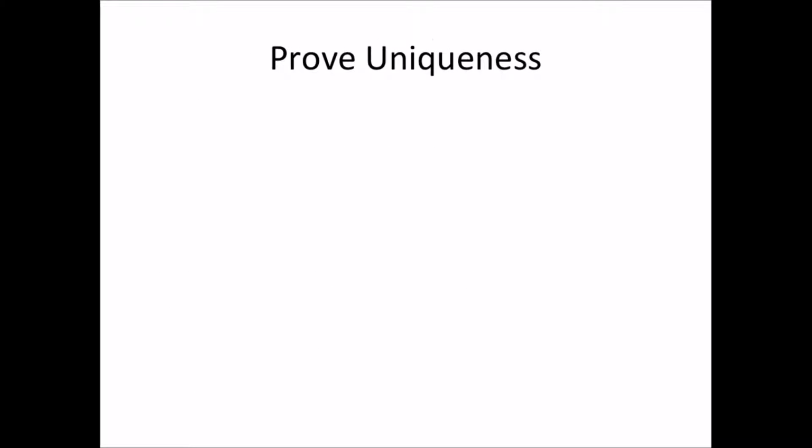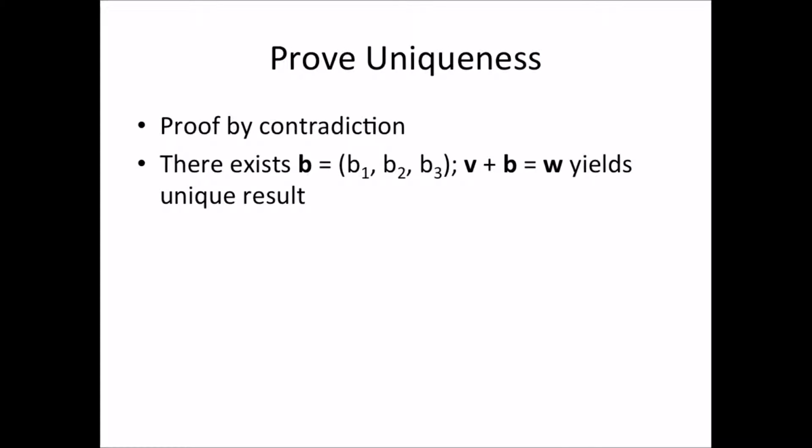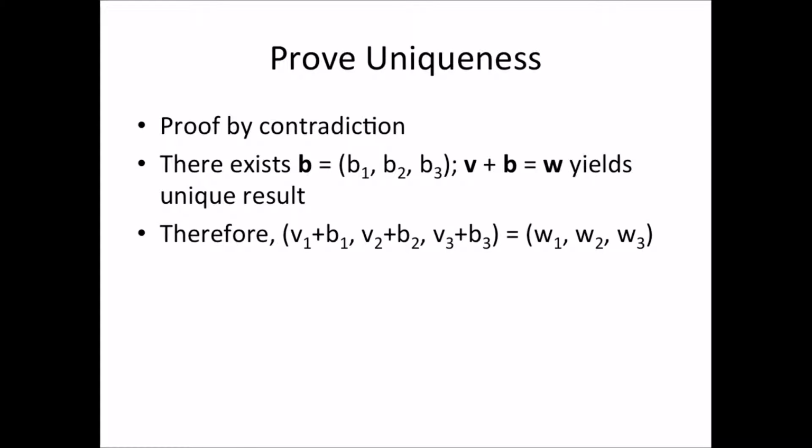We also need to prove that this point is unique, which we will also do by contradiction. So we need to say that there is a point B such that when V plus B equals W, B will be a unique result within itself. We're going to follow similar steps and add V1 and B1, V2 and B2, V3 and B3 to equal W1, W2, and W3 respectively.